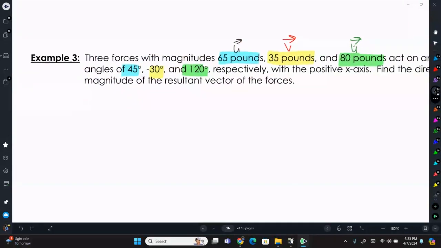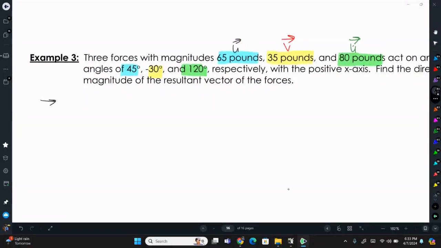So vector U is going to be 65 times the cosine of 45 degrees, comma, 65 times the sine of 45 degrees. So let's type that into the calculator. 65 times cosine of 45.